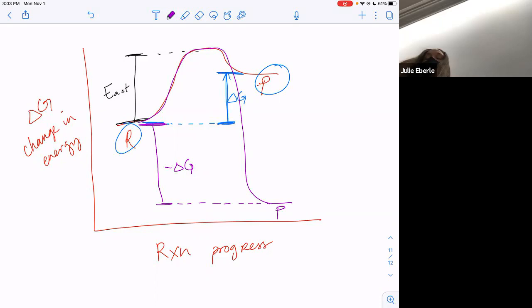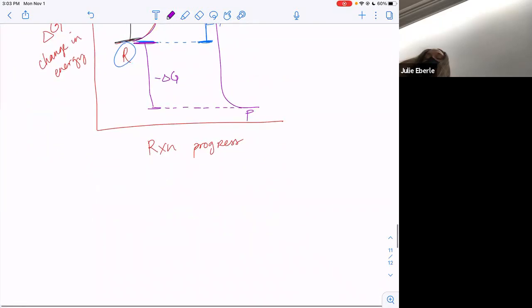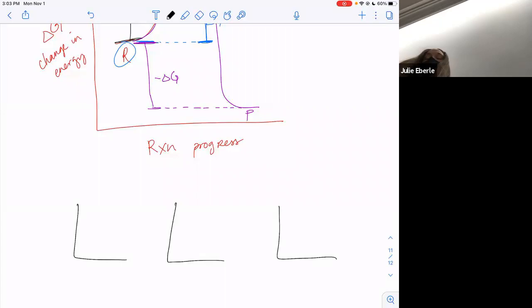Zamara, I saw your hand first. So here the activation energy is the exact same on these, right? But if you have reactions that have different activation energies, so for example, I gave you a bunch of different graphs. And it had one like this. Maybe it has one like this.